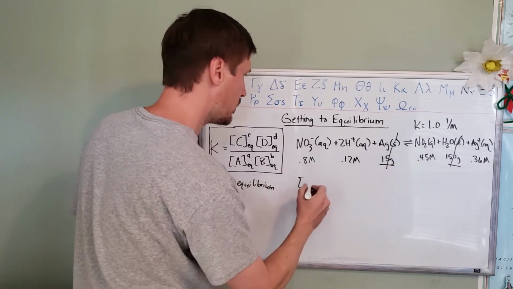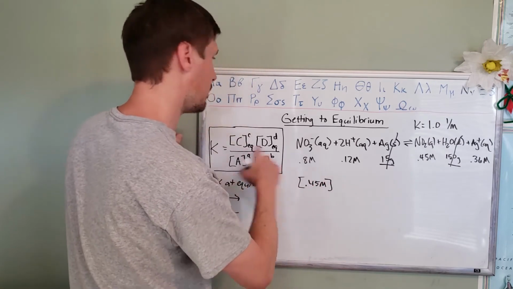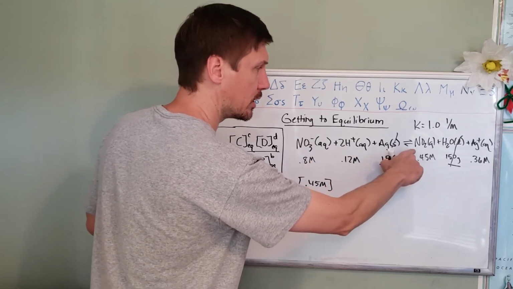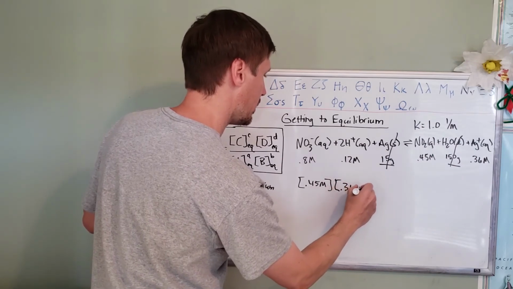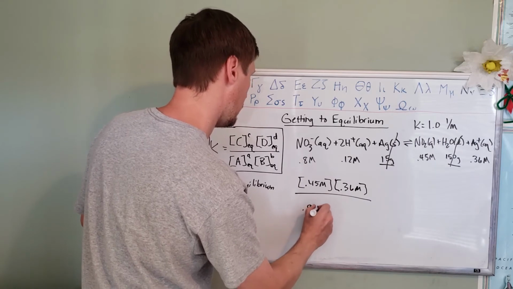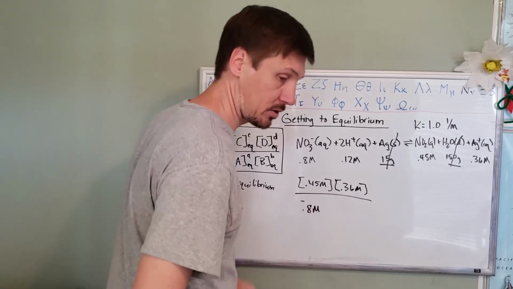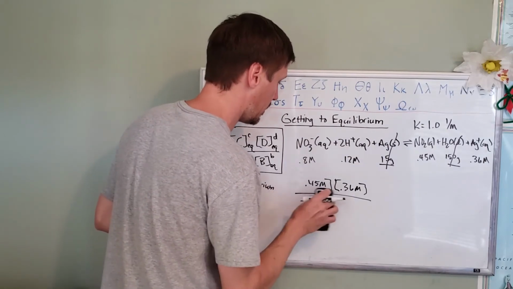And so that would be this value here, 0.45 molarity, raised to the first power, because there's only a coefficient of 1 in front there, times 0.36 molarity. All of that divided by 0.8 molarity.